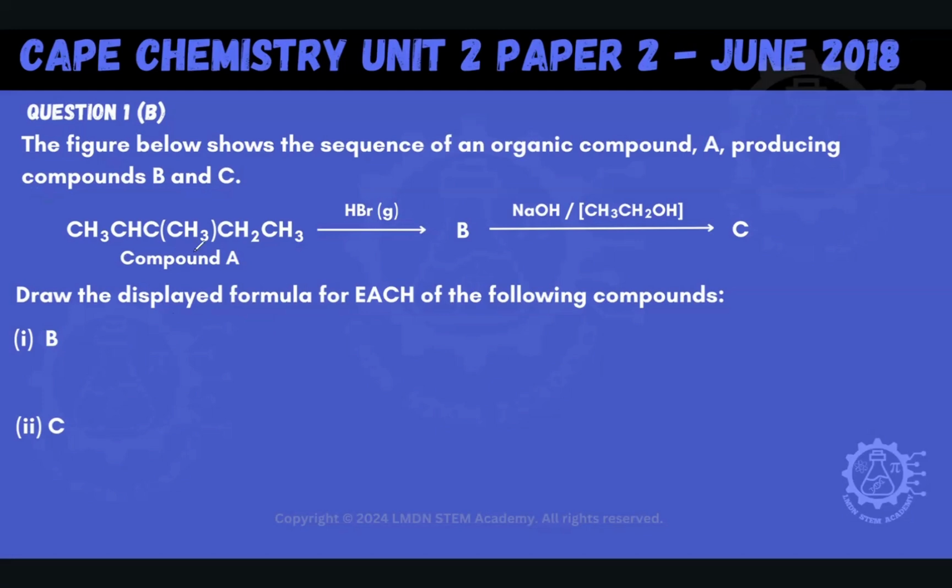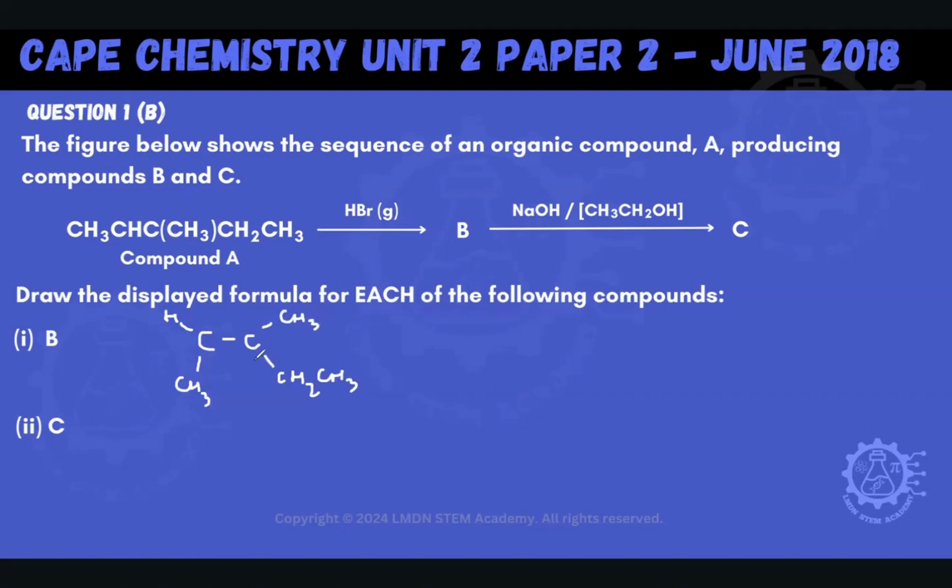So we said that we would be adding across the double bond, we'll be adding HBr. And so remember what our alkene structure was, right? I had an H up here, I had a CH3 down here, and then I had the ethyl portion, and then I had the methyl portion.